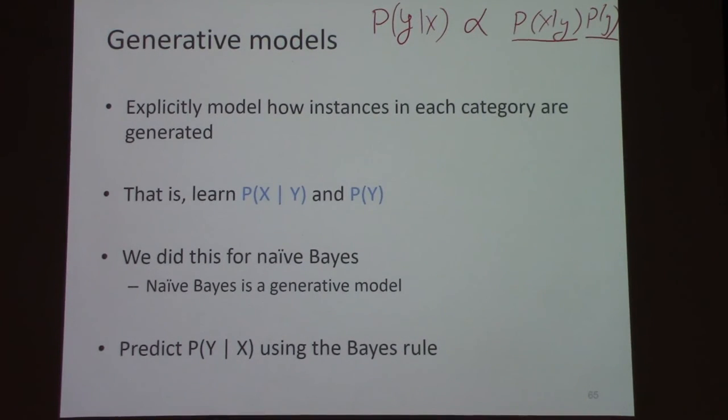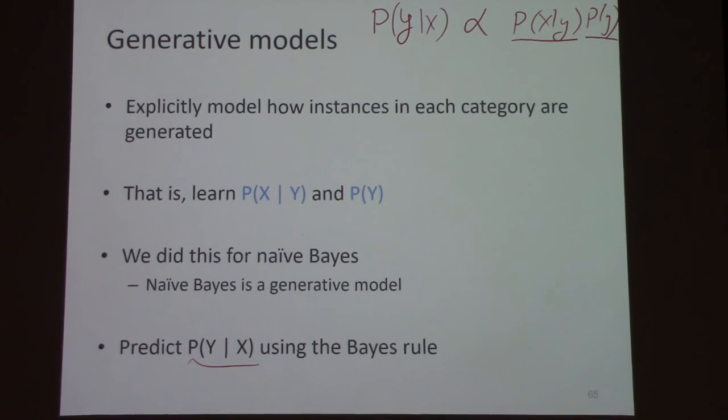We learn how these examples are created. We learn p of x given y and p of y. And then at prediction time, we turn them around and use Bayes' rule to predict p of y given x. I'm not learning p of y given x directly. Instead, I'm learning two other functions that tell me how to construct this p of y given x.